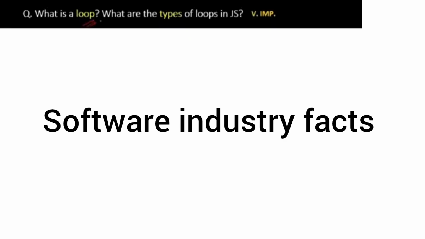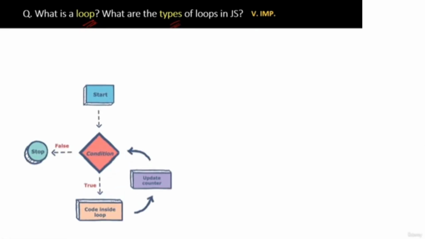What is a loop? What are the types of loops in JavaScript? Very important question. Let's quickly see the loop diagram. See, when the loop starts and the condition is true, then the code inside the loop will execute and the counter will be updated. Again, if the condition is true, then the code inside the loop will be executed again and again.